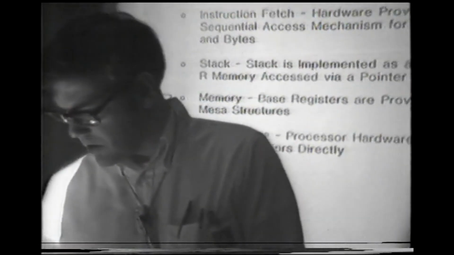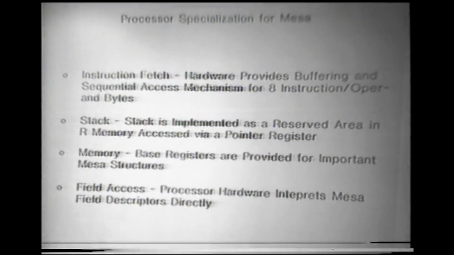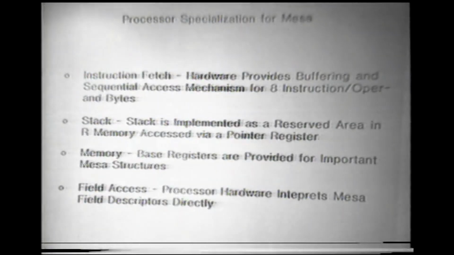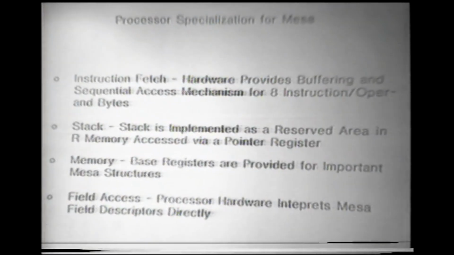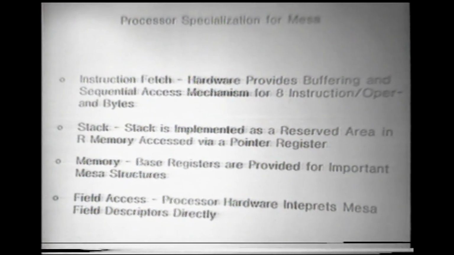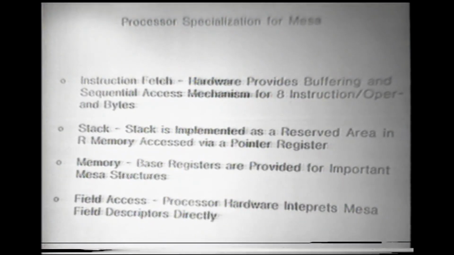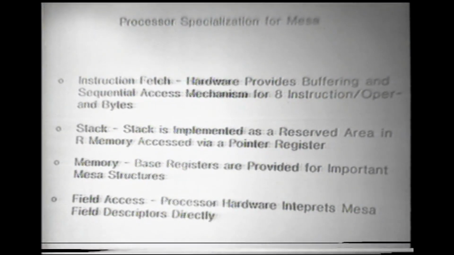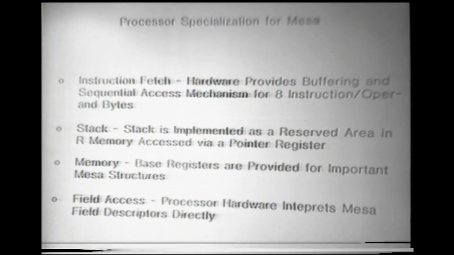Okay, for Mesa, we've put a small amount of hardware into the machine, which goes a long way towards increasing the Mesa execution rate. Basically, there are 4 things. There's a little bit of hardware which buffers 8 instruction bytes. The Mesa instruction set is basically a string of bytes. What the hardware does is fetch 8 of those bytes, 4 words from the main memory, and buffer them, and is willing to peel them out to the emulator microcode on demand.